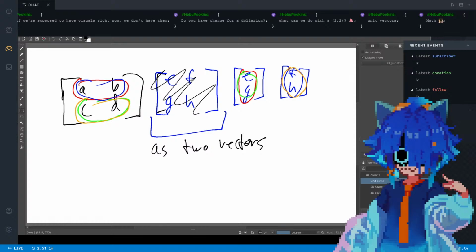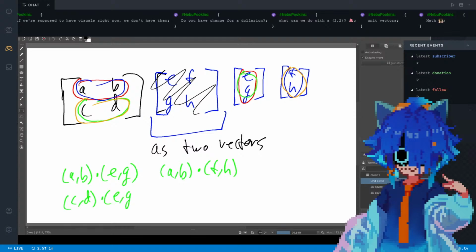So what does this look like? Well, we get a new matrix as the result, which is the dot product of A, B with E, G. And then we have the dot product of A, B with F, H. And then we have C, D with E, G. And then we have C, D with F, H. I'm not going to do an example of working this all out because it's a lot of tedious, repetitive math, and you just have a computer calculate it for you.